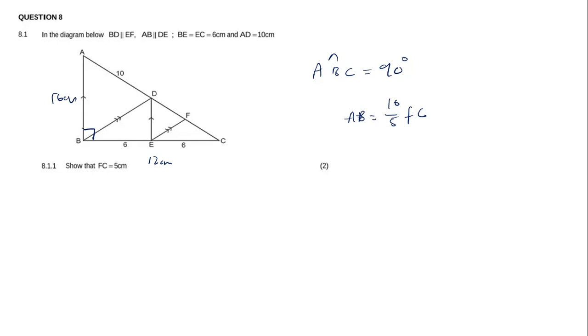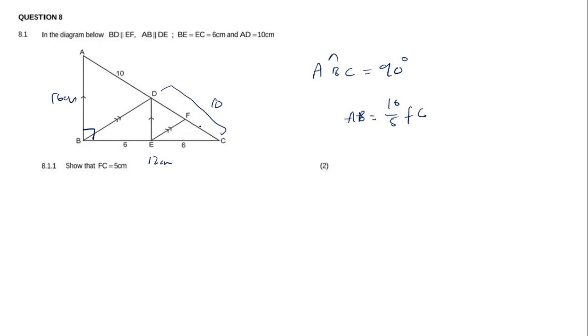So the question wanted us to prove that this angle is 90 degrees. So how are we going to prove that? Remember, we said that AC is also 10 centimeters. So we're going to calculate, right? Remember, the Pythagoras theorem states that if this is 90 degrees, AC is supposed to be the hypotenuse.